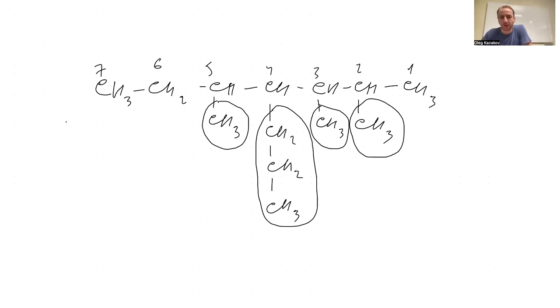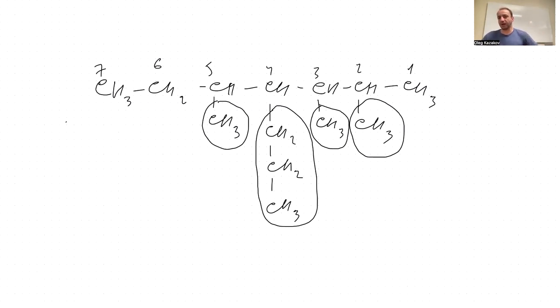So this alternative chain will contain only 1, 2, and 3. I'm circling these 3 substituents, which is not going to be good for us because 3 is less than 4 substituents, and we want the longest chain with the greatest number of substituents. That's one of the rules we need to pay attention to.